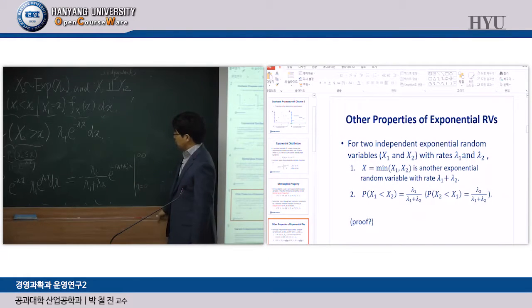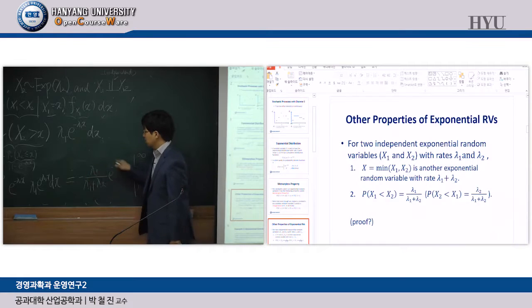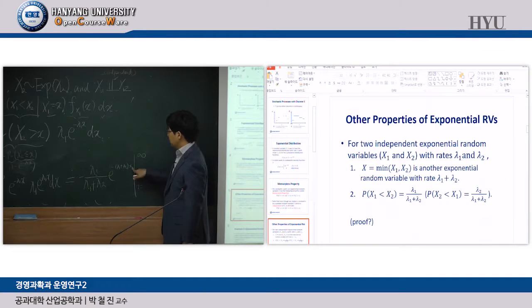If x goes to infinity, then the whole part goes to 0. If x goes to 0, then the whole part goes to lambda 1 over lambda 1 plus lambda 2. Actually, this one is 0 minus negative lambda 1 over lambda 1 plus lambda 2. So you can get the result here.